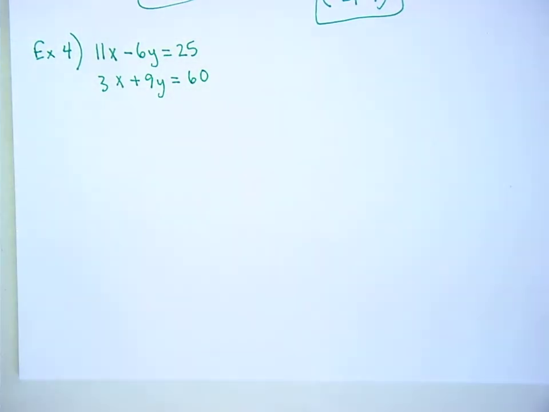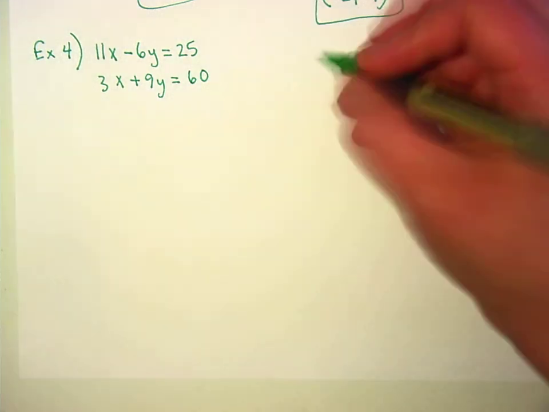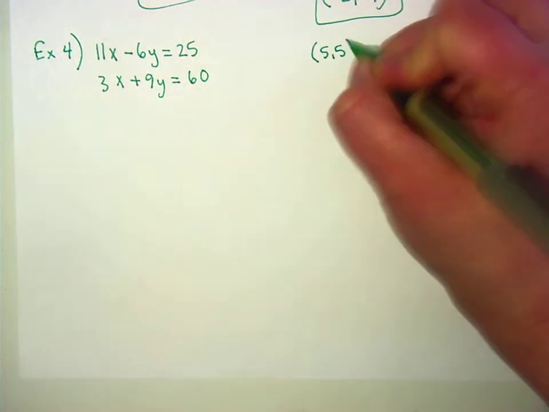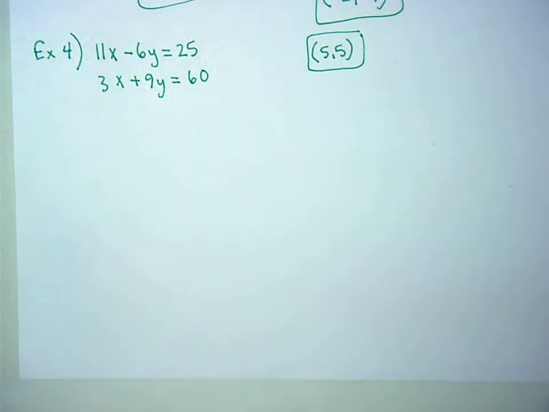So we got negative 33x minus 24, no, plus 18y equals negative 75. And then the bottom is going to be 33x plus 99y.